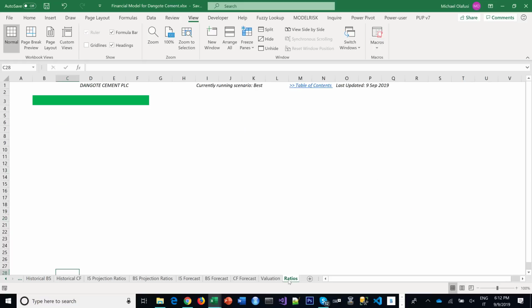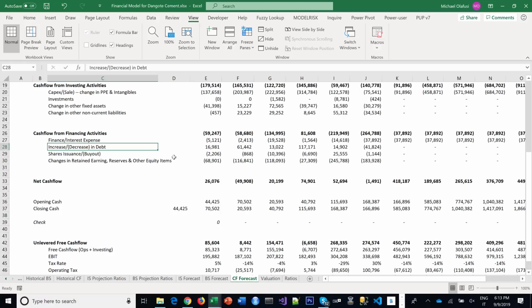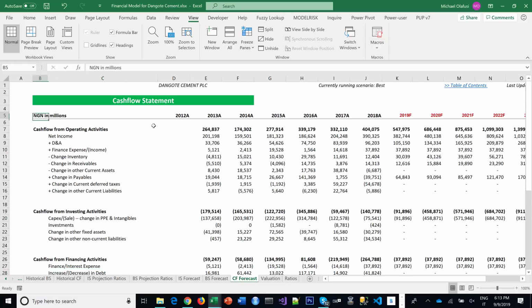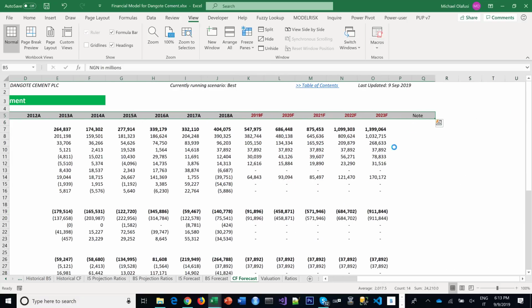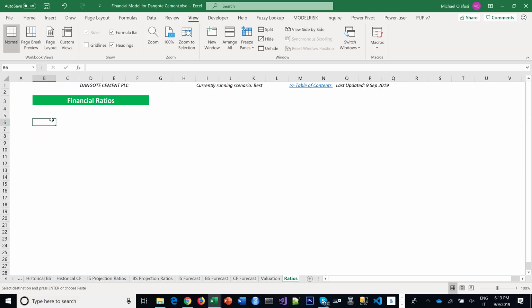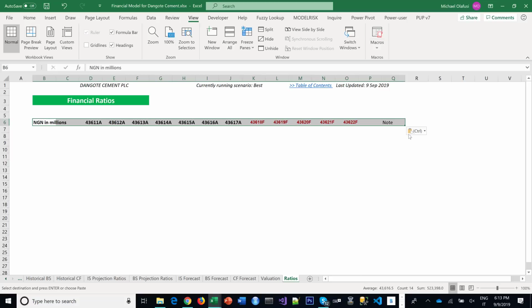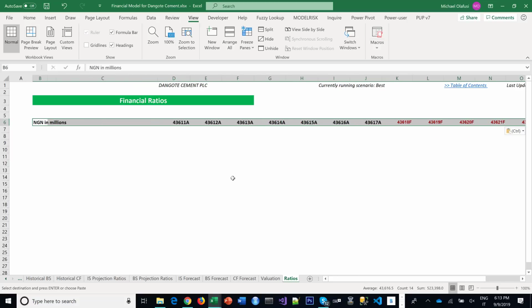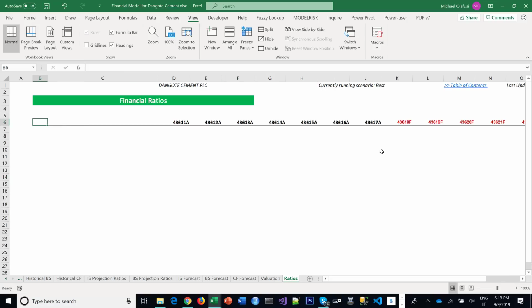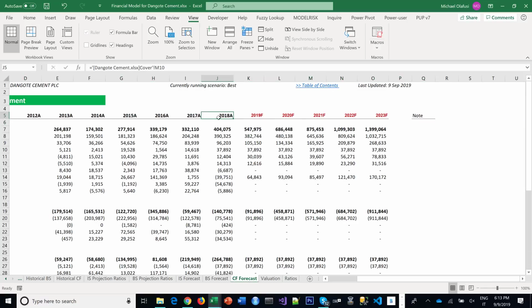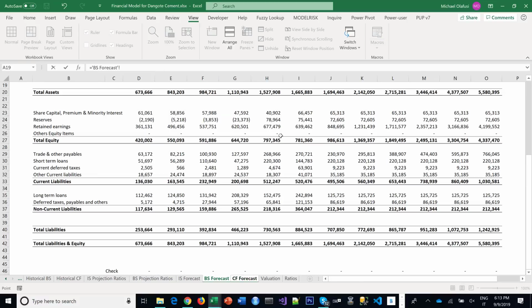And for the financial ratios, you can decide to put in the financial ratios. I'm going to skip that for now, but I can point you in the direction of how to do that. So for the financial ratios, it's a similar approach, but they are not going to be in millions. Why is this pointing somewhere else?